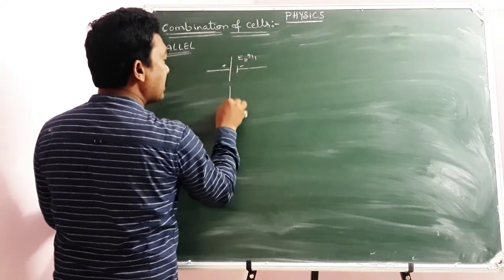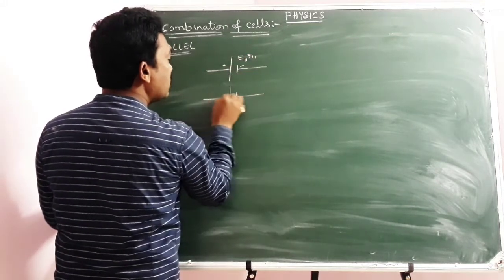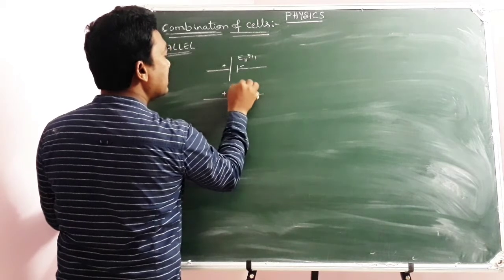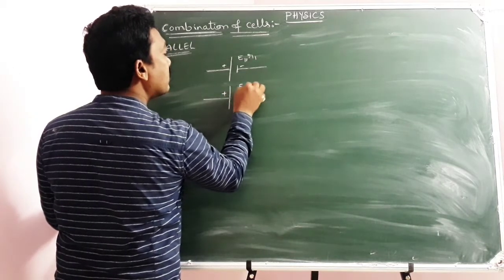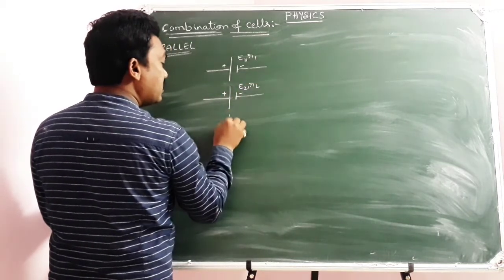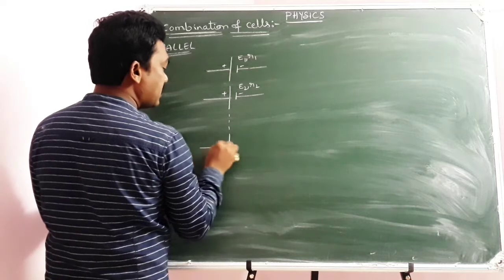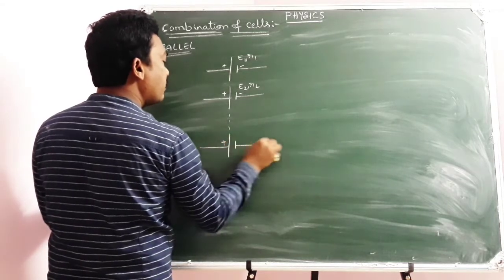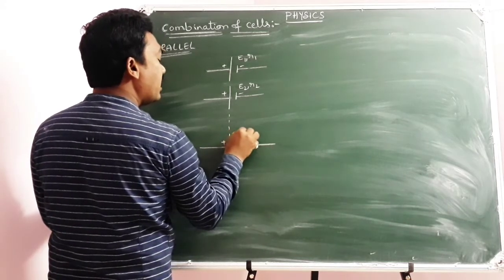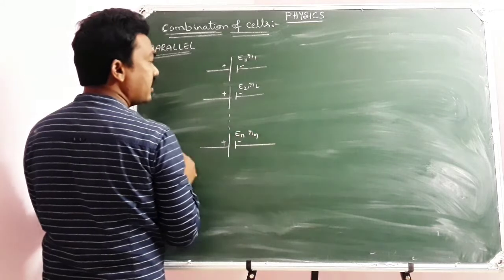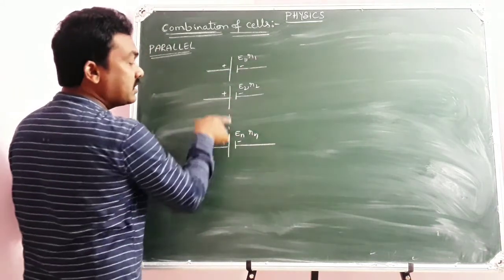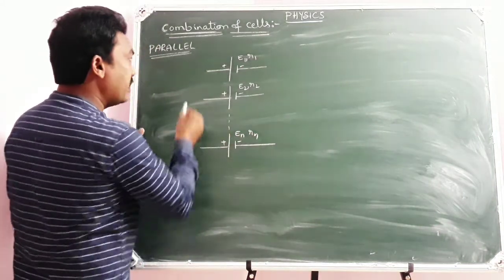And here there is another cell whose EMF is E2 and internal resistance is R2. Like that, there are N cells, the last with EMF En and internal resistance Rn.